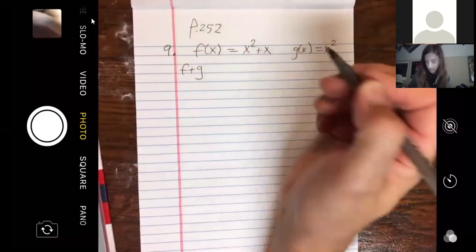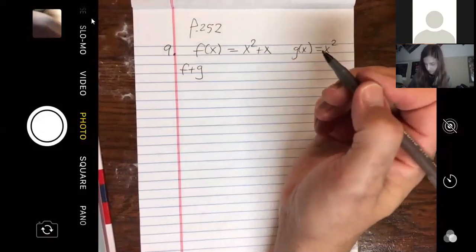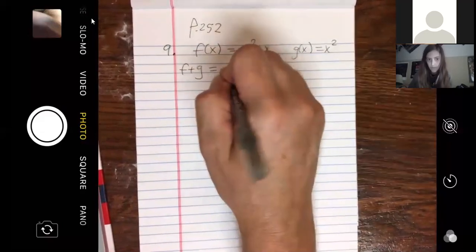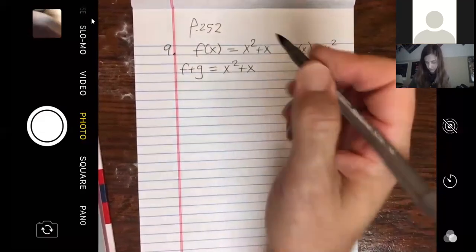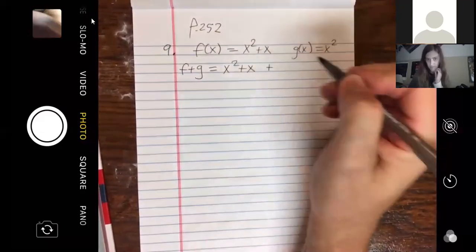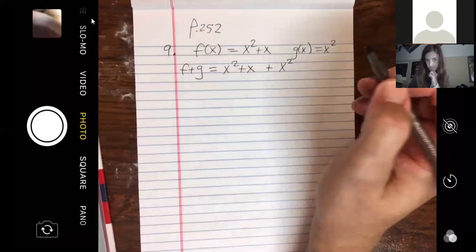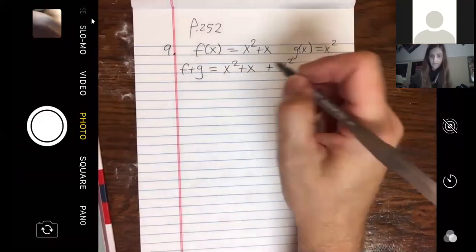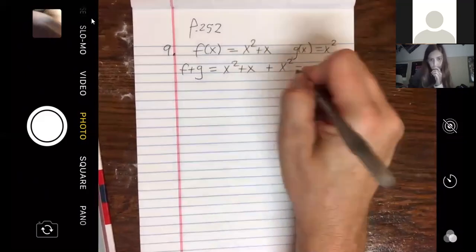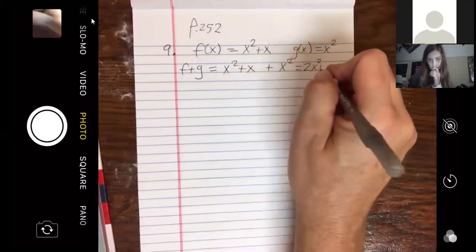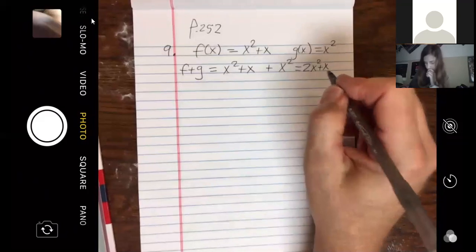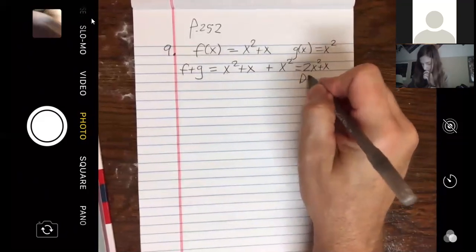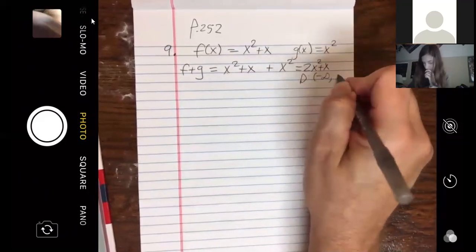So f plus g would simply take x squared plus x for f, plus x squared for g. Then you combine like terms, and that gives you 2x squared plus x. You can see no domain problems, domain negative infinity to infinity.